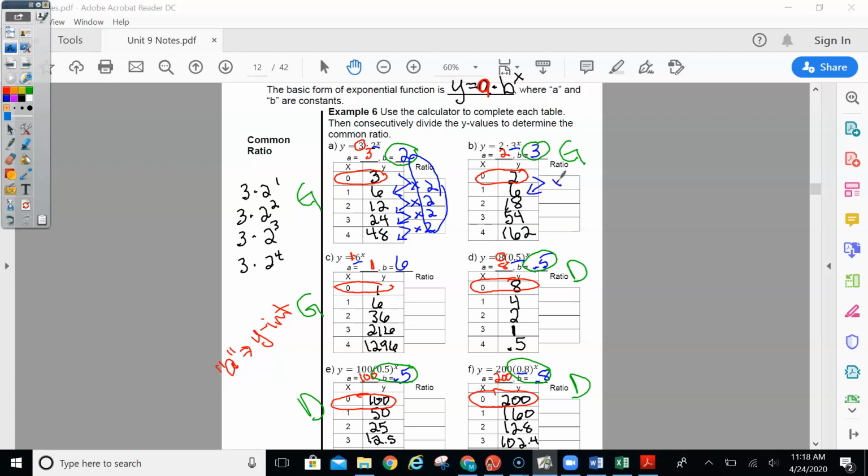To get from here to here, I multiply by 3, by 3, by 3, by 3, all the way down. Here should be 6, by 6, by 6, all the way down. So to get the B value, that's going to be the common ratio between your tables.